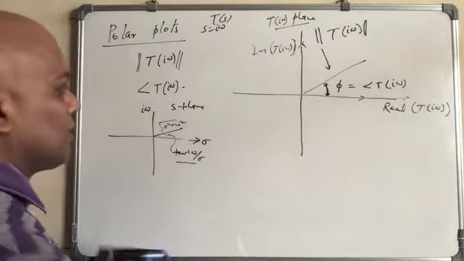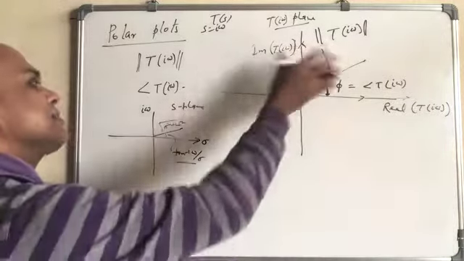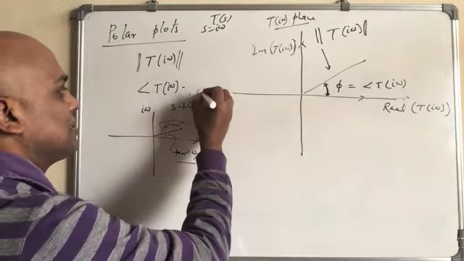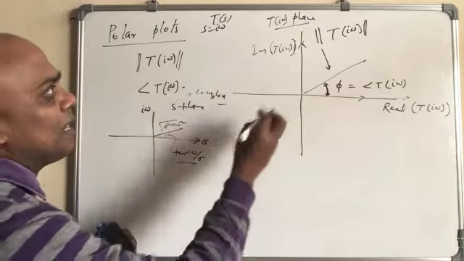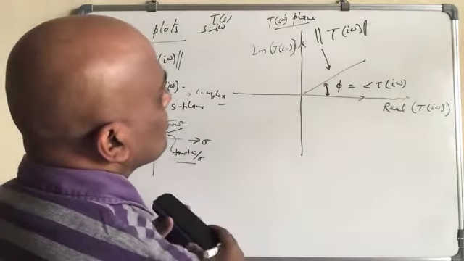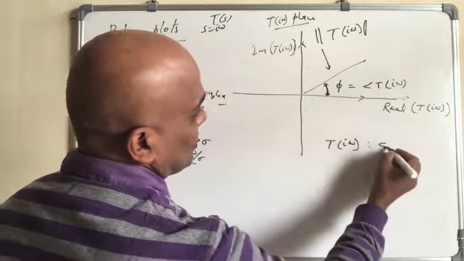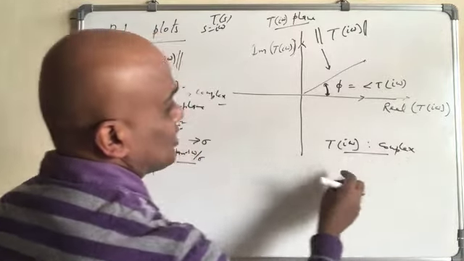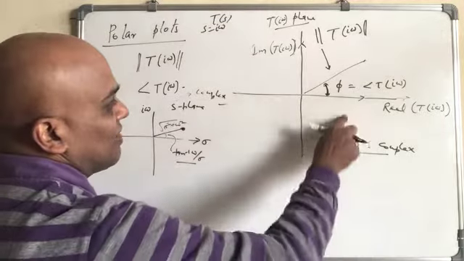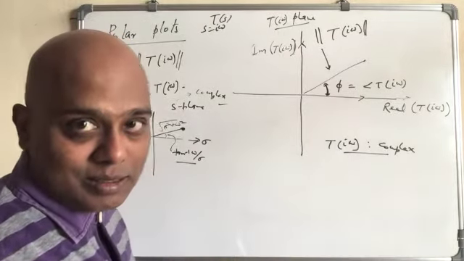But what I mean to say is that whatever you are doing, you can think in terms of that also. Here S is a complex number, right? And T(iω) is also a complex number. As you show S on the S plane, similarly we can show T(iω) on the T(iω) plane.